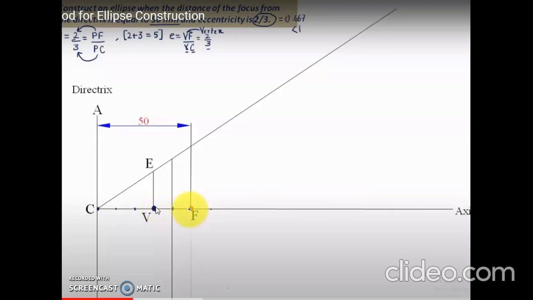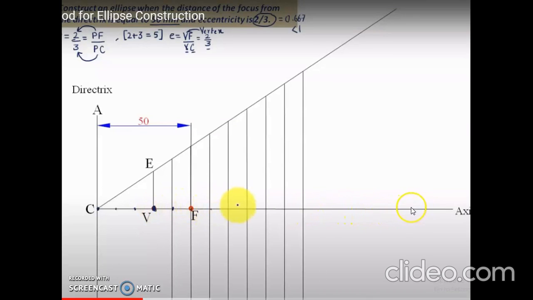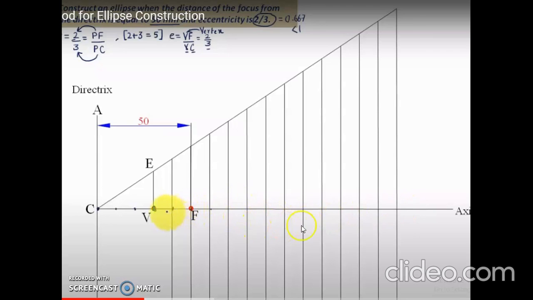So mark a point for every 1 centimeter. From the vertex point, this is 1 centimeter, next 1 centimeter, this is 2, 3, 4, 5, 6, 7, 8, 9, 10, 11, 12 and 13, like this.